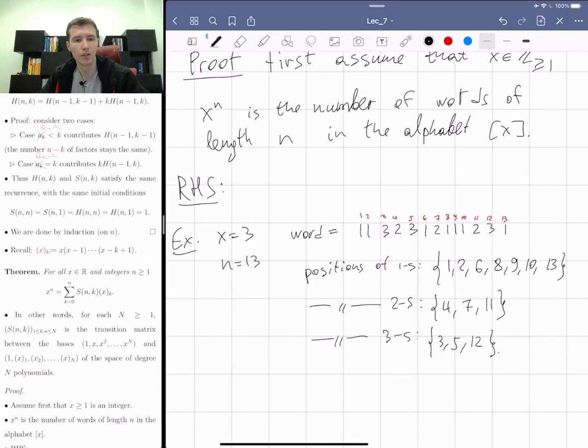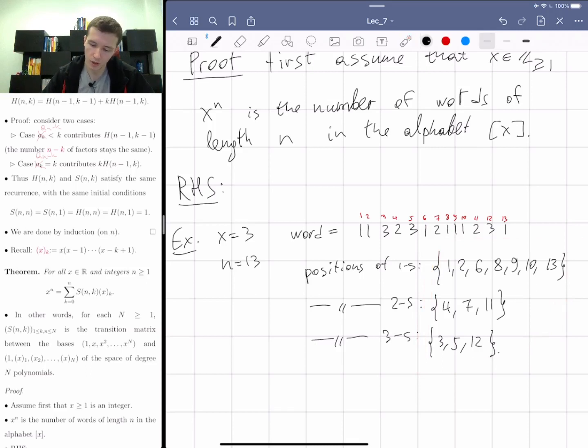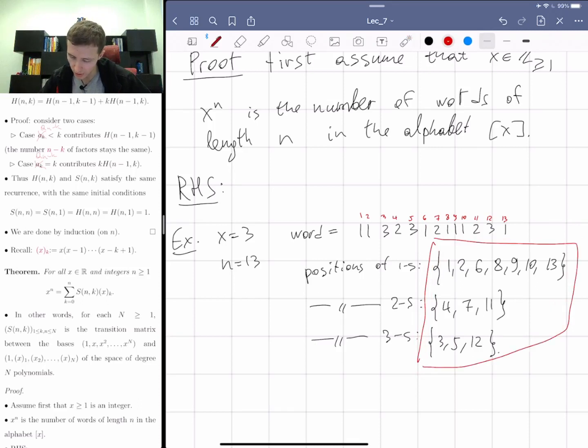Okay, and this thing here is a set partition. It's a partition of bracket n into how many blocks?